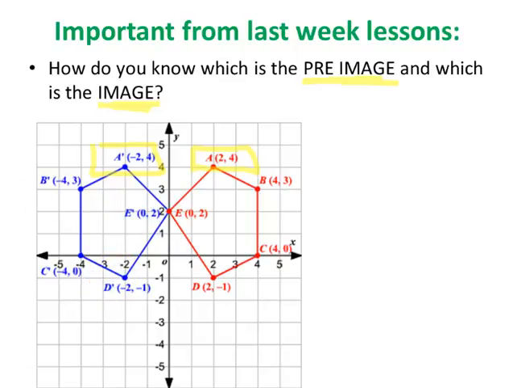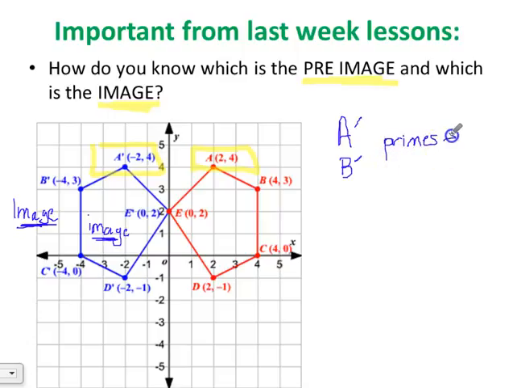That tells us that this is the image. This is after our transformation has taken place. So when you've got primes next to the points, the primes let you know that this is the image. It's after some kind of transformation has taken place. And you'll notice the pre-image in the red does not have the primes next to it. So that's how we tell the difference.